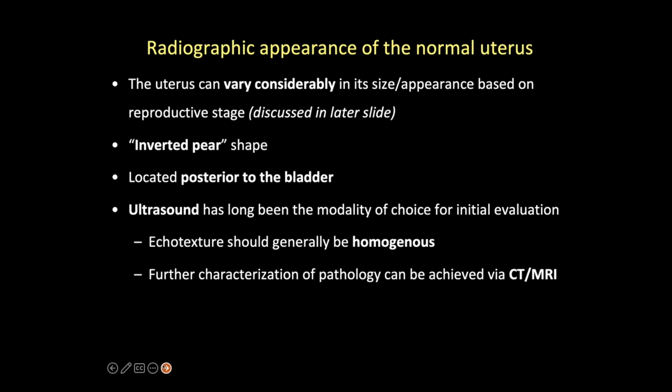For a long time, ultrasound has been the modality of choice for initially evaluating any type of uterine pathology. On ultrasound, the echo texture should generally be homogeneous. If you still aren't sure what's going on, a lot of times you can get further characterization of the pathology with a CT or an MRI.